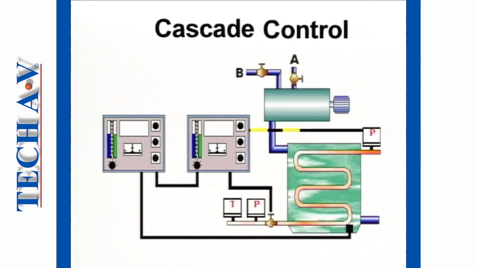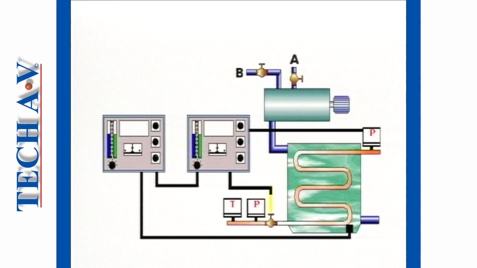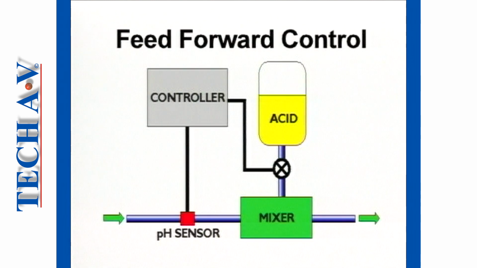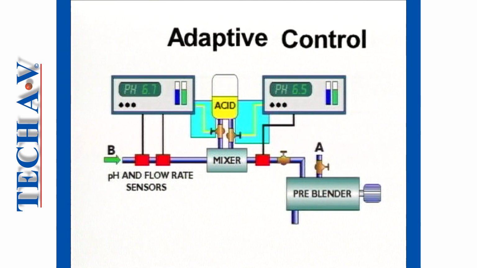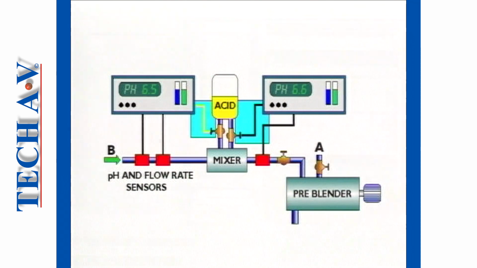Cascade control, where 2 feedback loops, one within the other, are used to minimize temperature variations. Feed-forward control. Disturbances in pH are measured and adjusted before they have a chance to affect the process. Adaptive control. The controller adjusts itself automatically to compensate for non-linearities in the process.